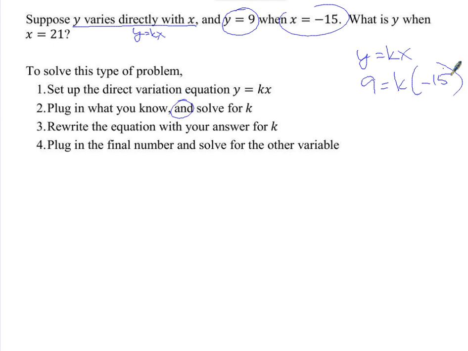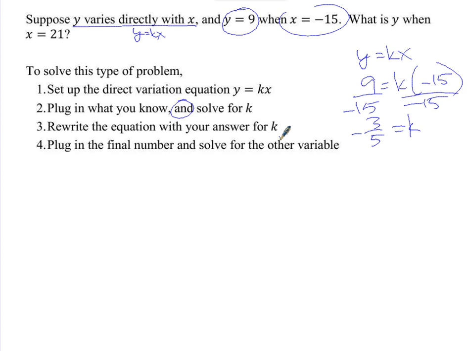So how can I solve for k here? Divide by negative 15 to both sides. When I do that, I get k equals negative 9/15, which reduces down to negative 3/5. So now I know what k is. That's all of step 2.